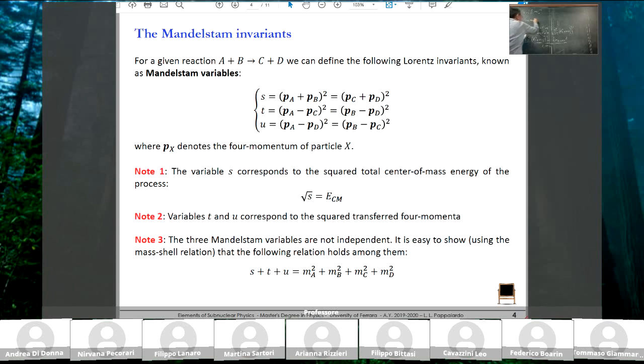This is just given by the sum over f equals 1 to n of the mass of the final state, squared, minus (Ma plus Mb) squared, divided by twice Mb, or this is just the S at the threshold minus (Ma plus Mb) squared divided by twice Mb. And this is what we call the threshold energy for a fixed target reaction.